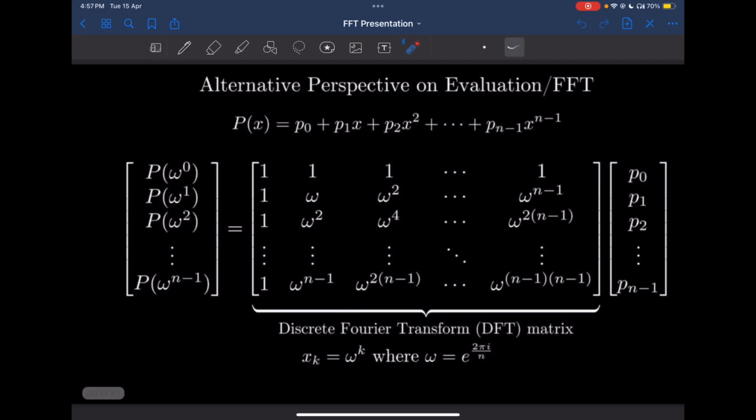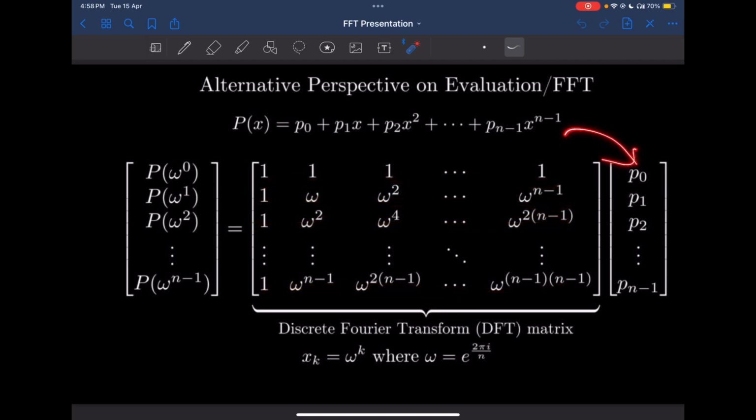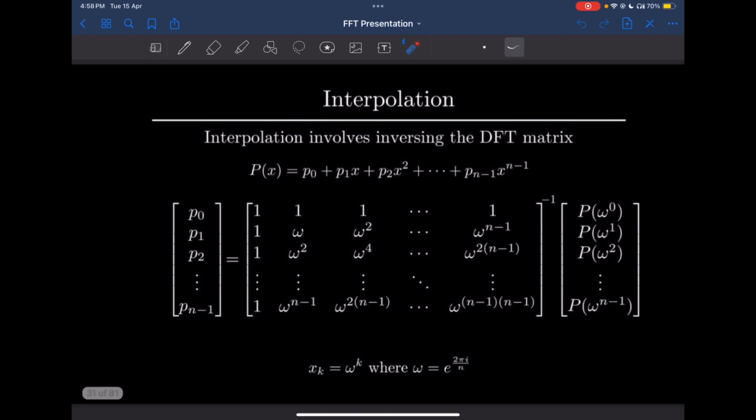Now, an alternative perspective on the evaluation of FFT is that it can be represented by this matrix, where these are going to be roots of unity, different powers of roots of unity for an n degree polynomial, multiplied with the coefficients to generate the output values over here. Again, we can talk about interpolation as the inverse of DFT. So the inverse FFT operation is known as interpolation. Just as the FFT operation was known as evaluation, the inverse FFT operation is going to be known as interpolation.